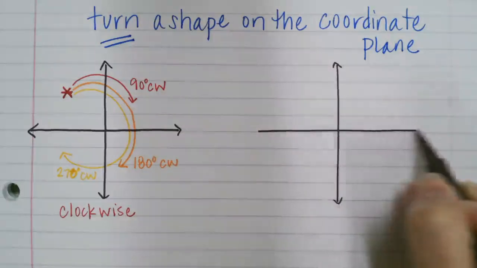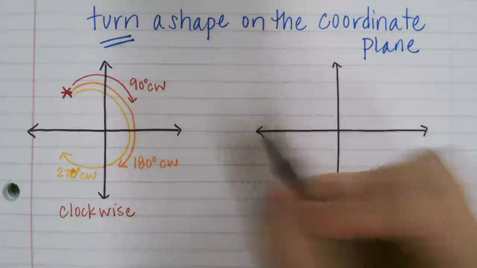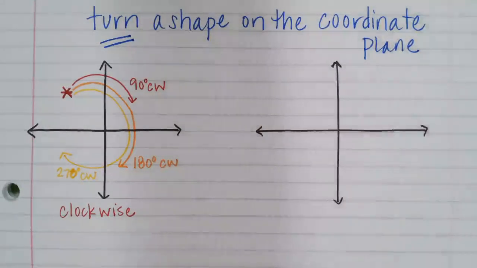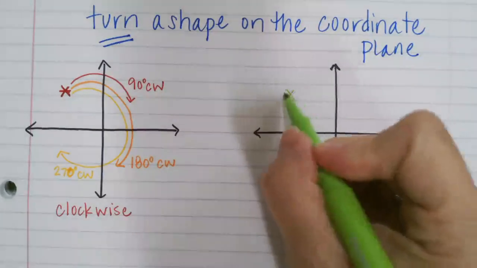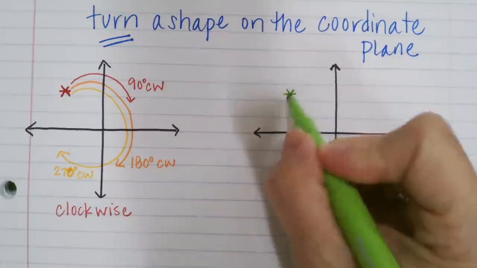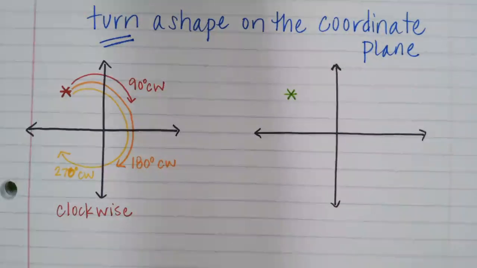So I'm going to draw an XY to make my coordinate plane. Now remember, since this is a video, if I'm going too fast, you can just pause and then catch up and then start the video going again. Okay, so let's say on this side, I'm going to start in the same spot. Okay, so here's my starting point right there.